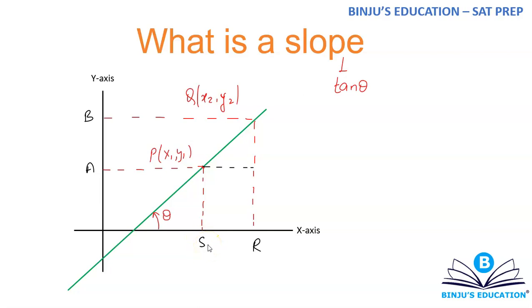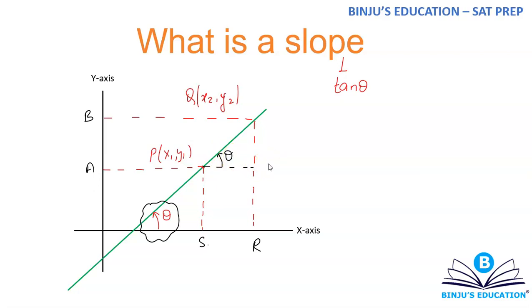Now these lines, AP and BQ, are all horizontal lines, so they're going to be parallel with x-axis. So if this angle here is theta, then this angle here will also be equal to theta.